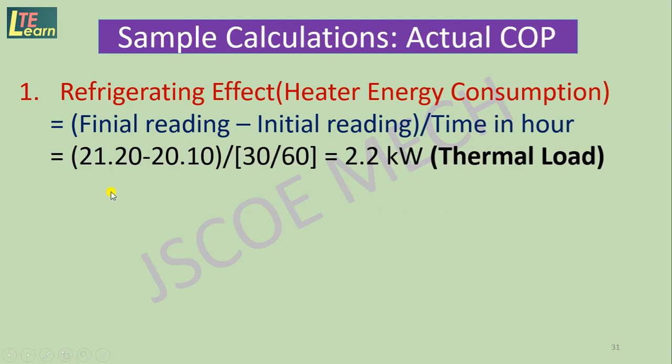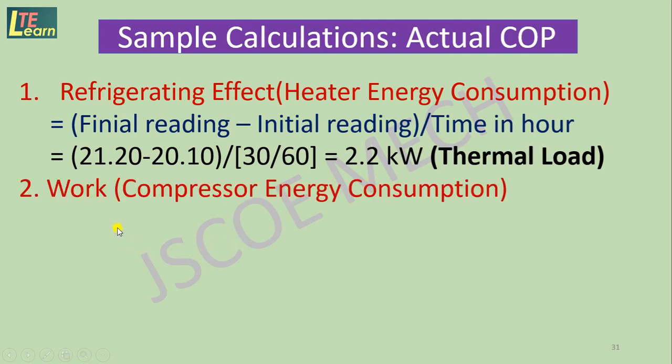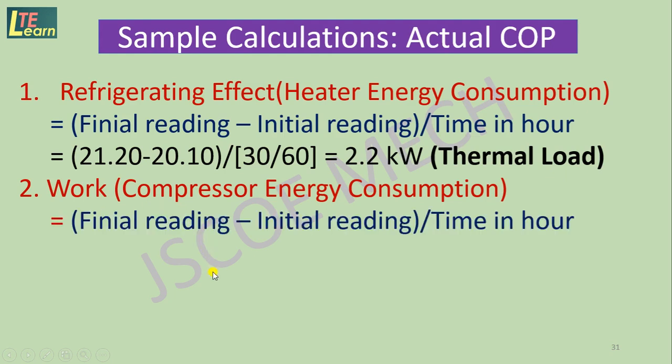By putting the values from the table, this time in minutes is converted into hours by dividing it by 60. So we get here the thermal load which is given to the system as a refrigerating effect in kilowatts. Compressor energy consumption, meaning input to the system as work, is also calculated using the formula.